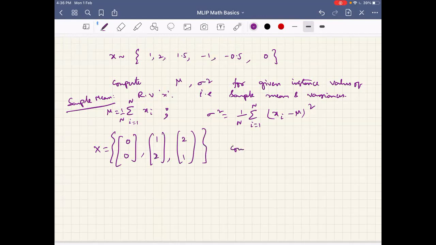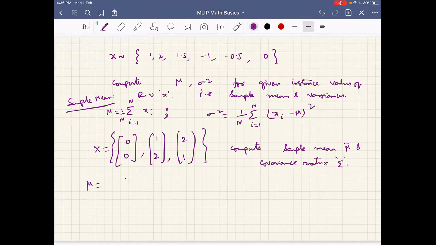Then compute again the sample mean, mu bar, and the covariance. In two dimensions we should not call it variance, we should call it covariance. Covariance matrix sigma; in fact, it will be a matrix. Now compute the sample mean.